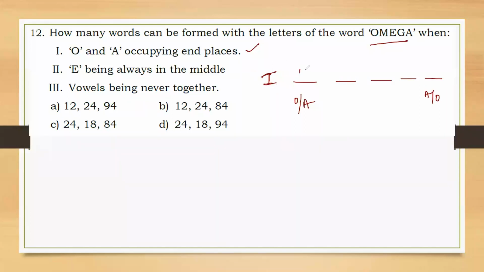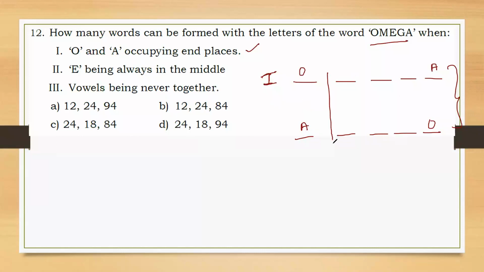If you fill O here, then A will be in the last place. Suppose you fill A in the first place, then definitely O will be in the last place. So we have 2 ways, right? Either O is in the first place or O is in the last place. We have only 2 chances. Is it clear? 2 ways.